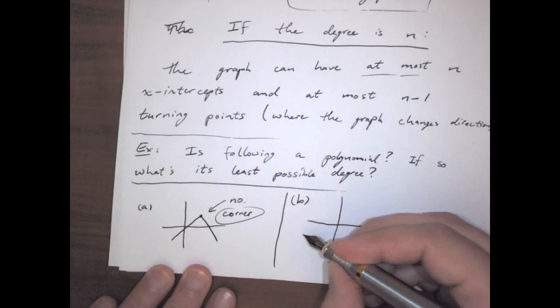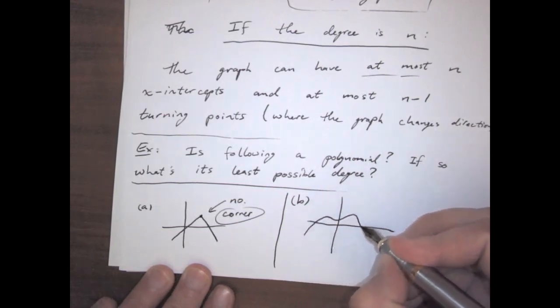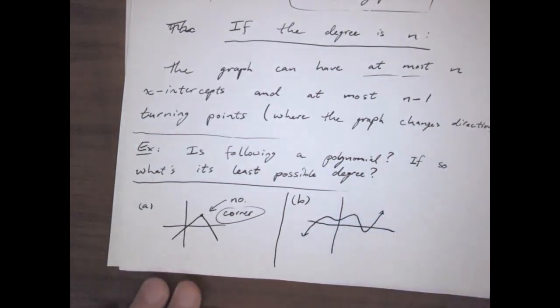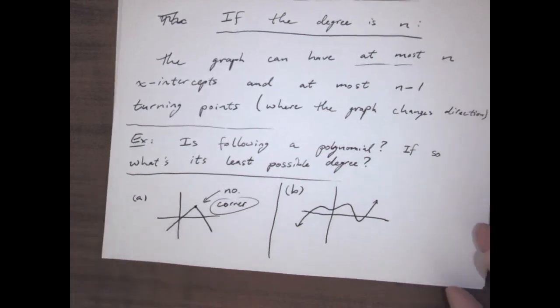Now let's see one where it could. So the shape of this one is plausible for a polynomial. It's smooth, it's wiggly, it doesn't have any corners, doesn't have any discontinuities, it doesn't have any vertical asymptotes, it just wiggles its way for a while, then it ends up going up or down.